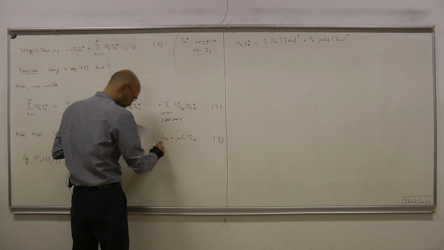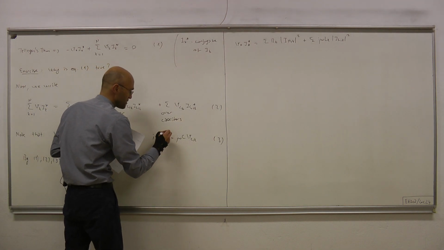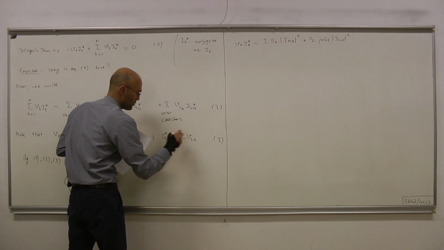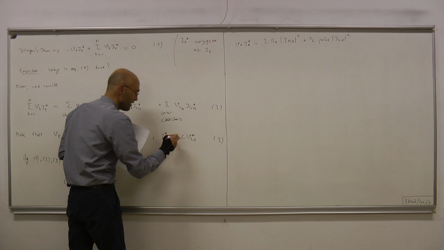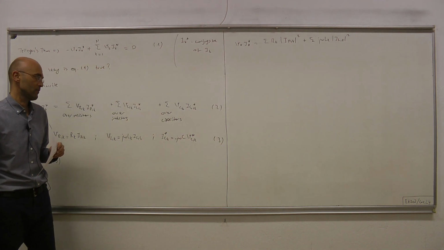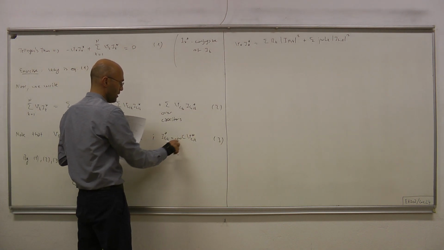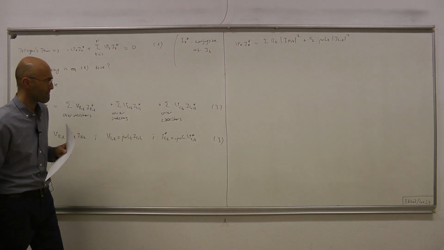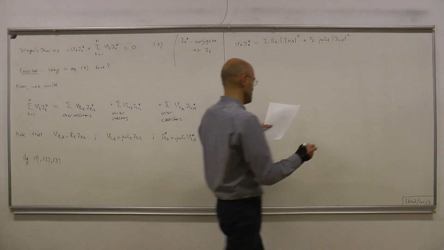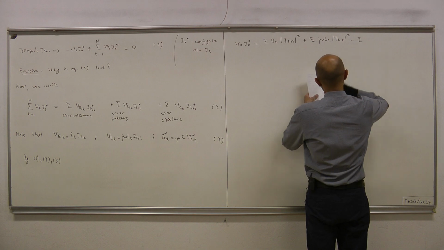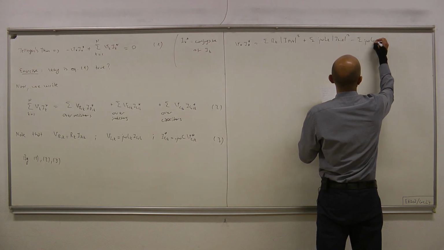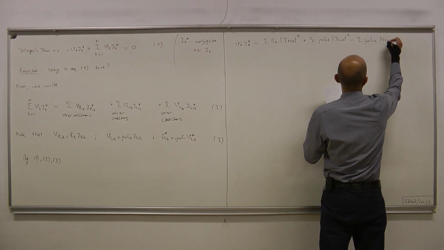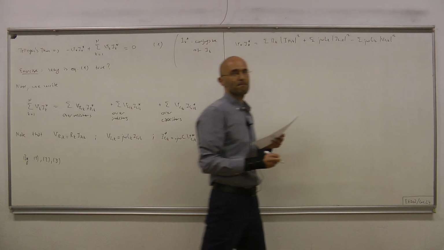If this is ICk, then ICk star has a conjugation here, and you have to conjugate j, which is minus j. So you replace this star with that expression, and what you have is minus summation j omega Ck times the magnitude squared of VCk.